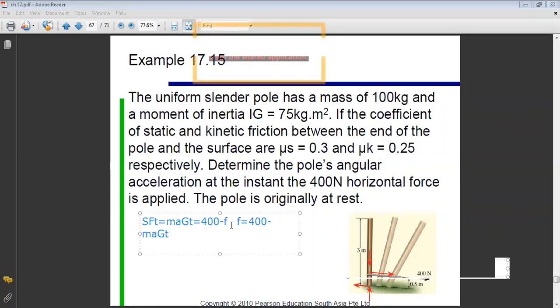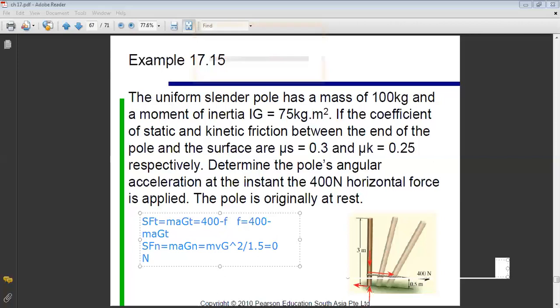And if I do sum of normal forces, in general it is equal to MAG normal. But here, because it's starting from rest, it's M VG squared over radius, which is 1.5, and because it's starting from rest, here it's equal to 0.